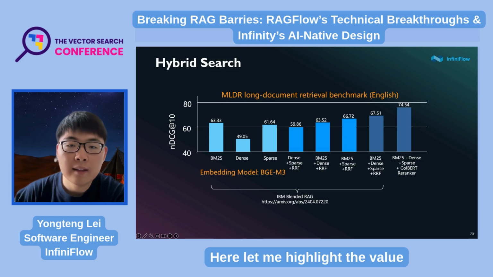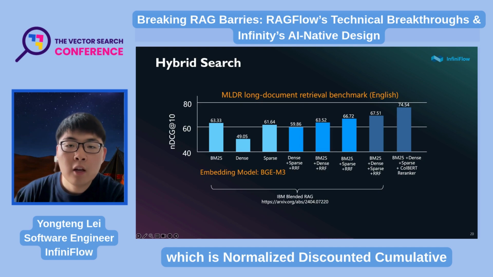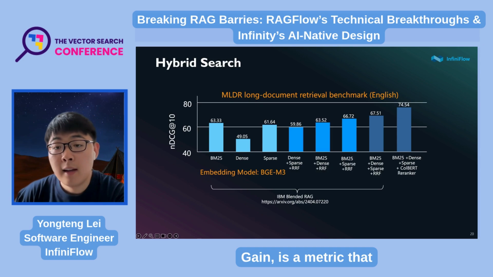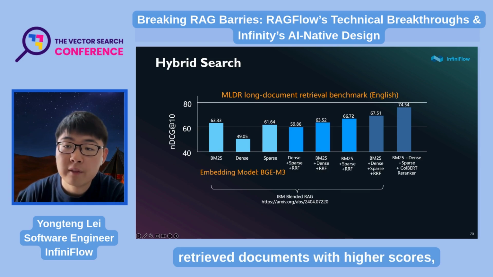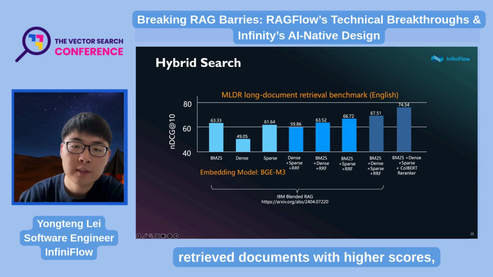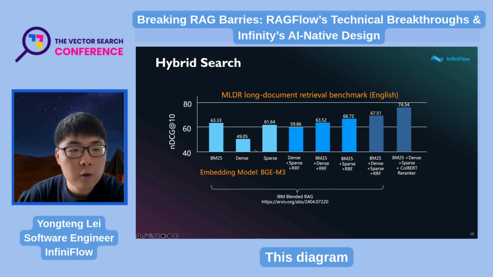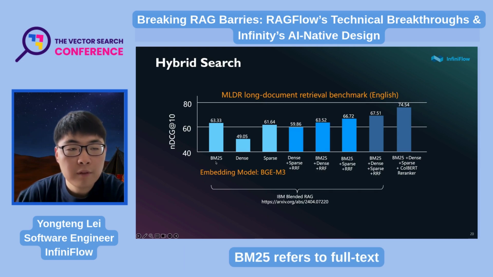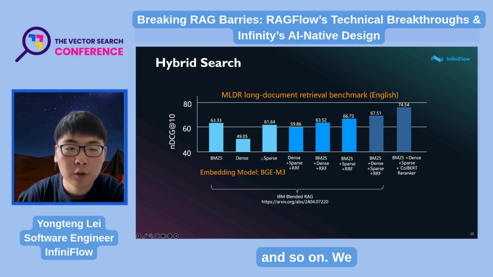Here, let me highlight the value of hybrid search. NDCG, which is normalized discounted cumulative gain, is a metric that evaluates the quality of retrieved documents, with higher scores indicating better quality. In this diagram, BM25 refers to full text search and dense for dense vector search and so on.